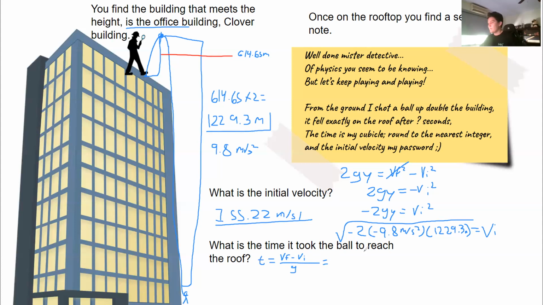Now we have to remember that the final velocity here in the first part is 0, minus the initial velocity, which was 155.22. Over this, we have to put the gravitational pull, which is negative. Remember, in this problem, the gravitational pull is negative.